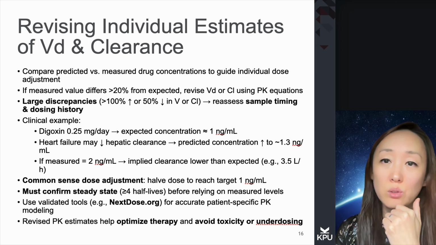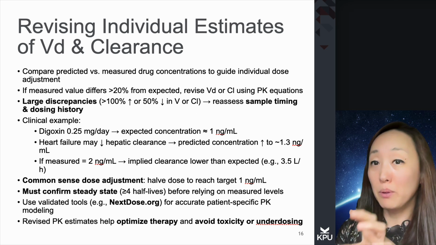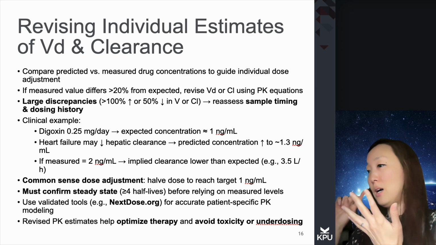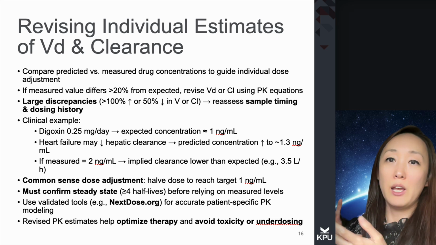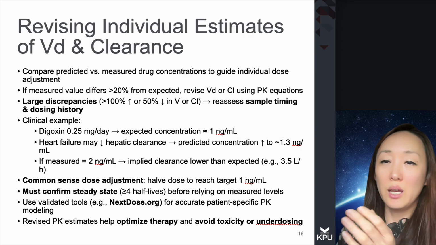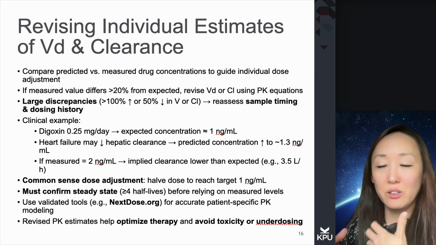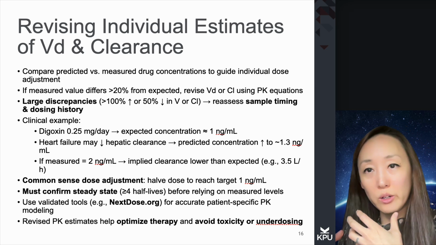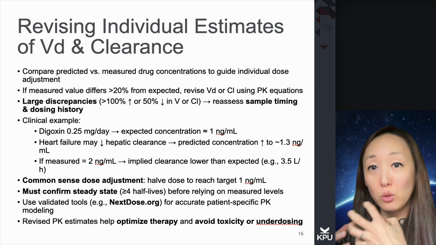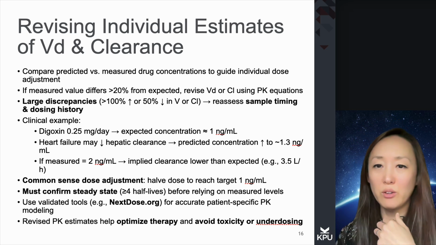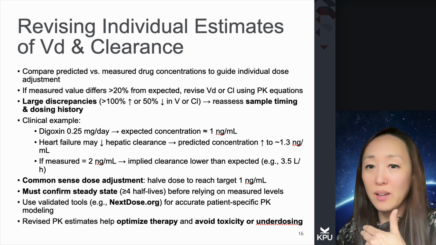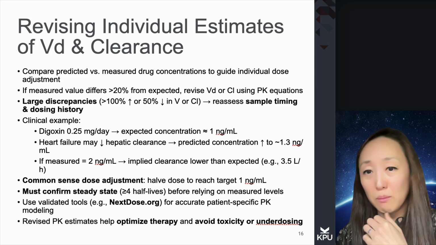And so these tools can help integrate population data, help you specify individual patient values, enter concentration measurements, and these tools will help the clinician work towards a precision dosing recommendation. And of course, the idea is you can't just enter in these values and then take whatever it spits out and apply it to the patient.